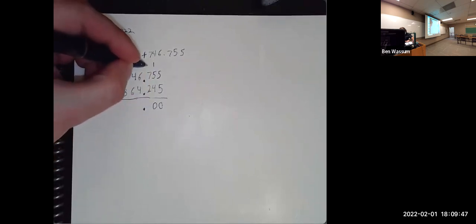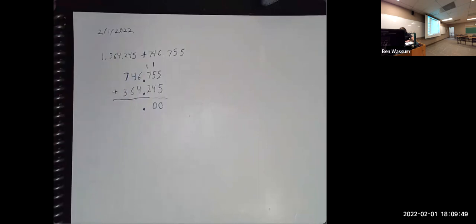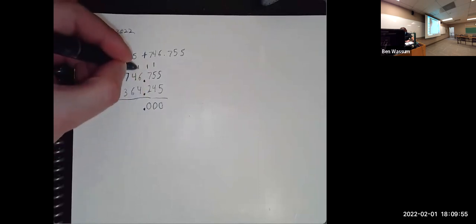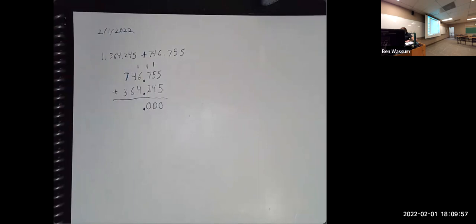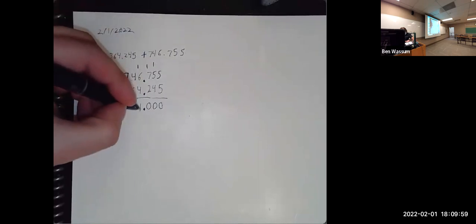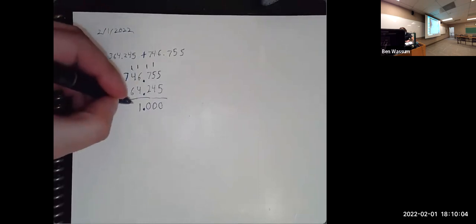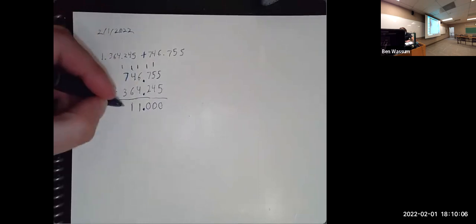So we have a 0 down here, we carry a 1 again. 7, 2, and 1 is 10. Carry a 1. We got 11. All right, 11.